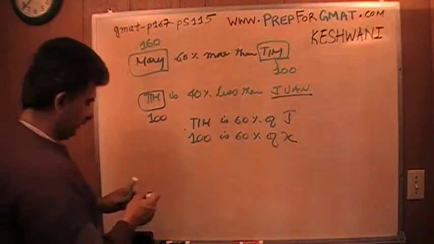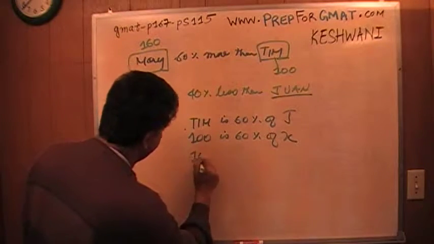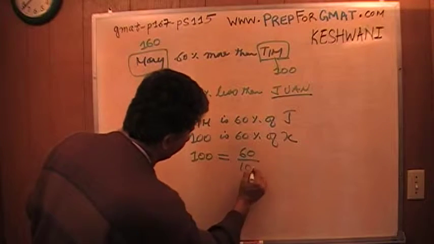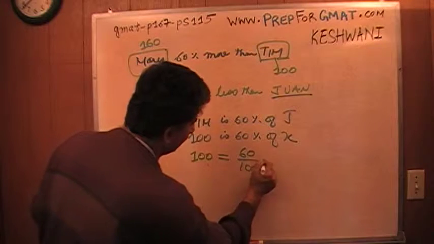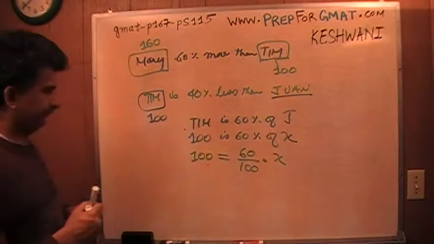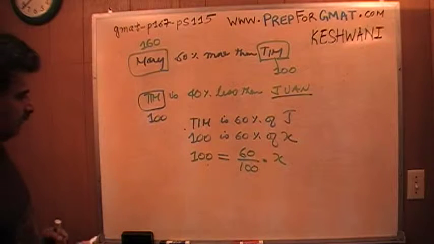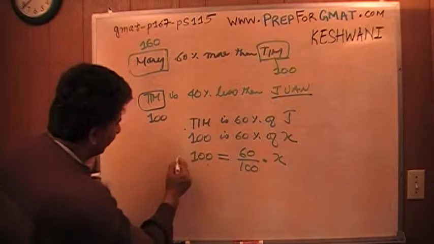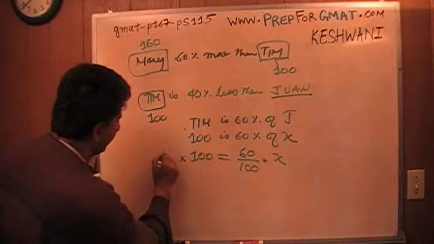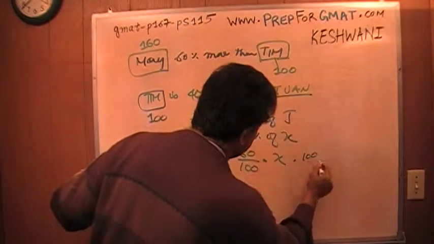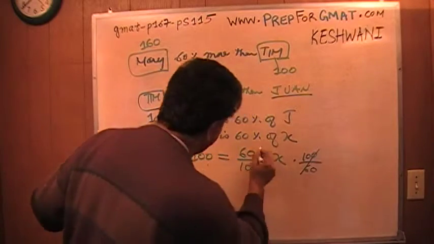Let's continue then. So 100 equals 60%, 60 over 100, percent means over 100, of means times, and x. If you solve for x, multiply both sides by 100 over 60, so you can get rid of this and that.